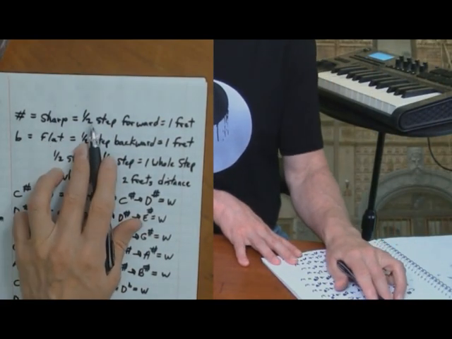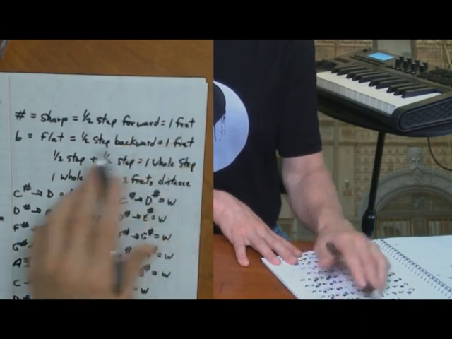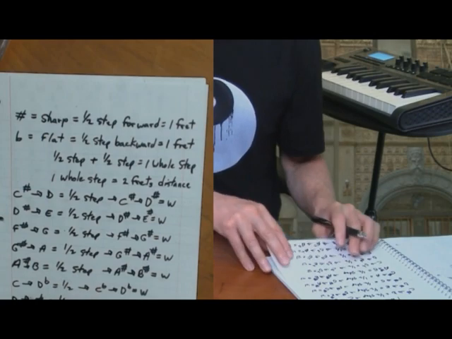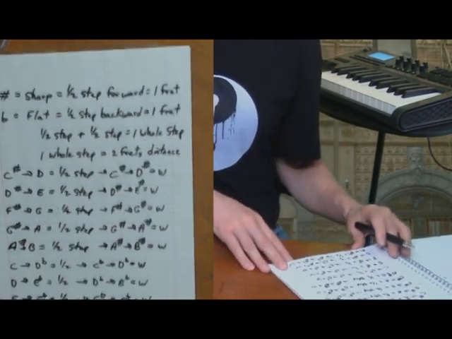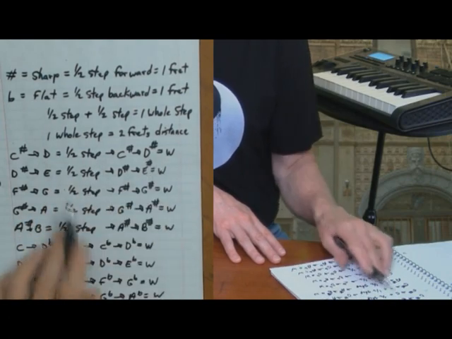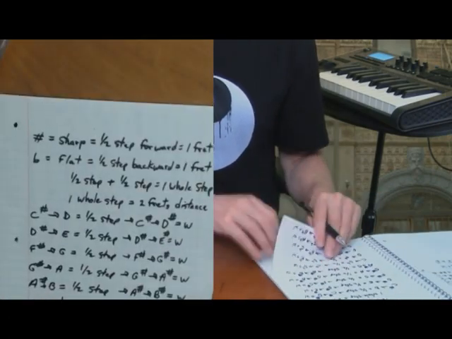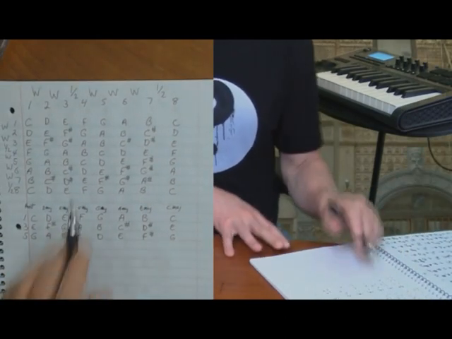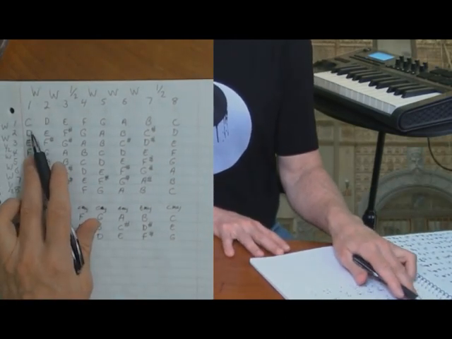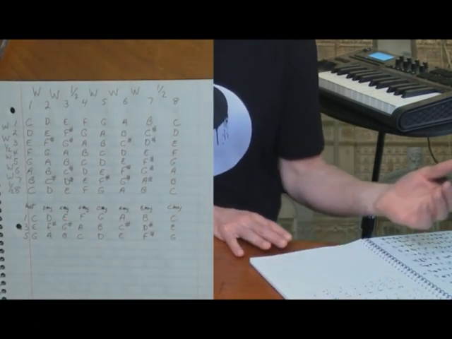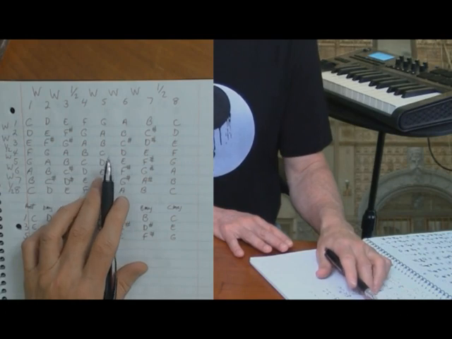Sharps are a half step forward, that's one fret forward, and flats are a half step backward, that's one fret backward. We talked about all of this, which shows you basically how the half steps and whole steps can work. And with that, we were able to find the keys. With the 7 notes that we started with, we realized there were 5 other notes, with flat keys.